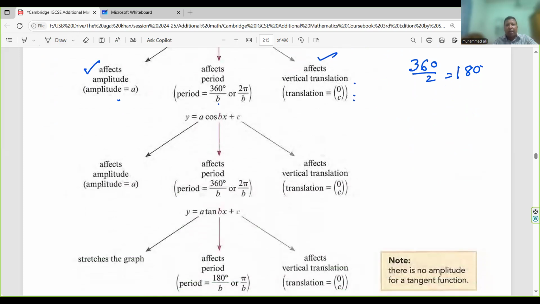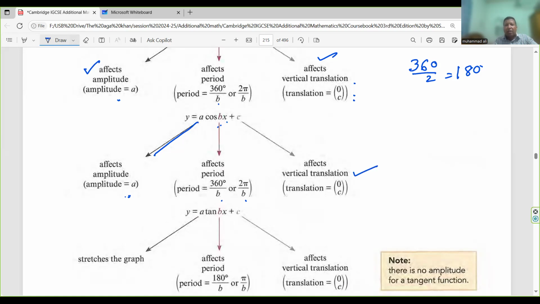y equals a cos bx. This a affects amplitude, that means amplitude here is a, and this b, the coefficient of x, affects period. Period will be 360 degree divided by b, or 2 pi divided by b, and this constant affects vertical translation.